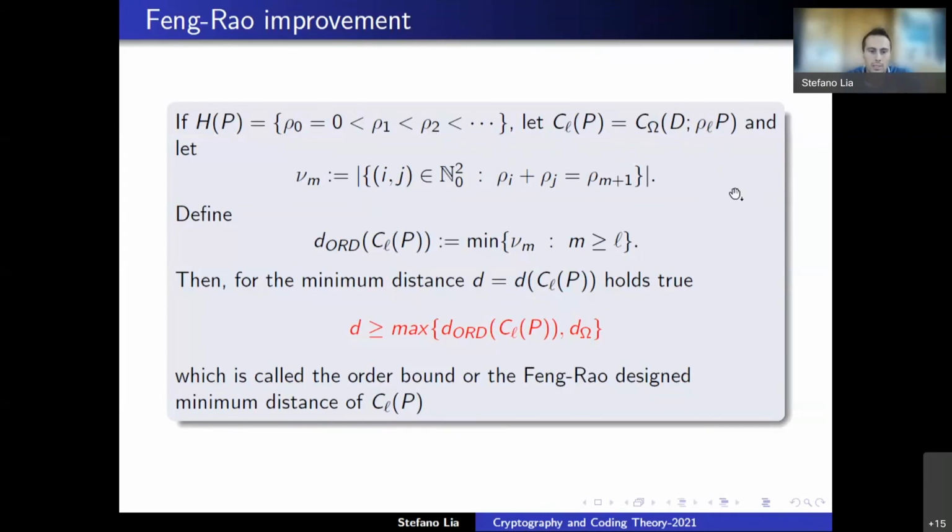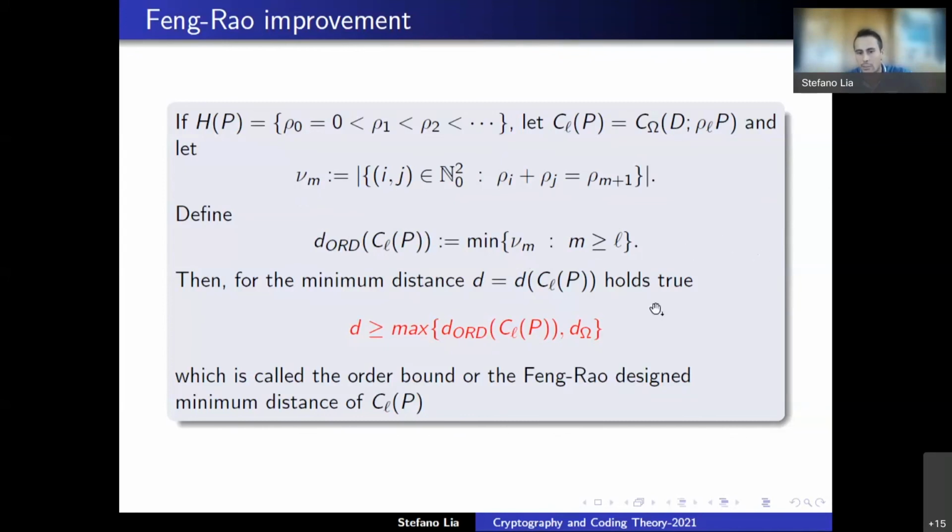Then you can compute this quantity here, nu_m, which is the number of couples such that you can obtain this non-gap as the sum of two non-gaps. And the minimum of this quantity nu_m as m goes from L onwards provides a lower bound on the minimum distance.